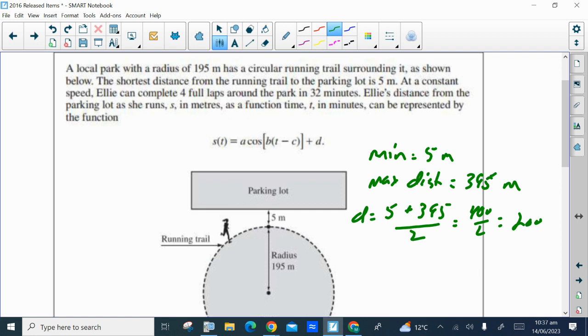Now, she does 4 full laps in 32 minutes. So one cycle will be how long it takes to do 1 lap. So one cycle, which will be our period, will be found by taking the 32 minutes for 4 laps and getting 8 minutes. 8 minutes per lap.